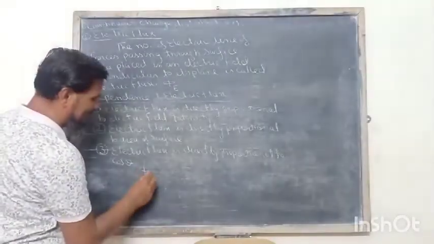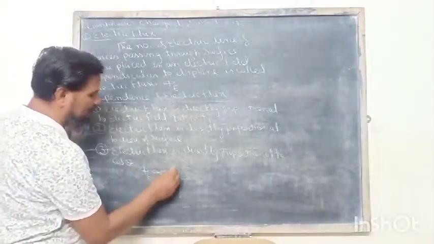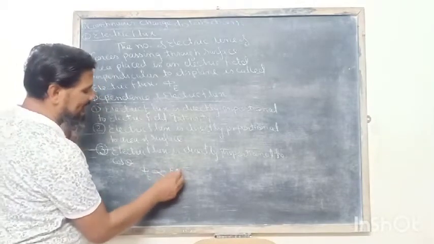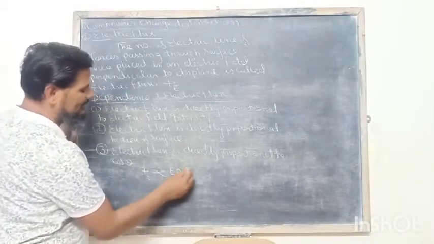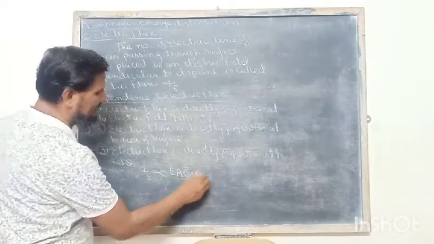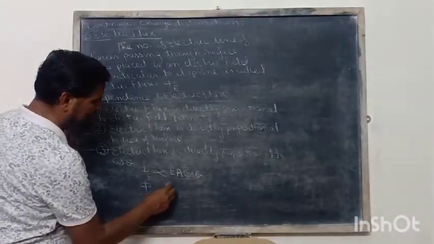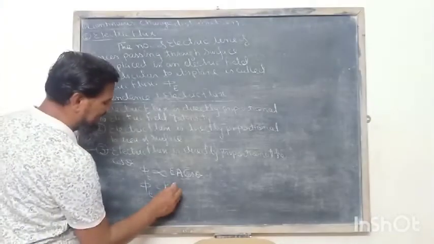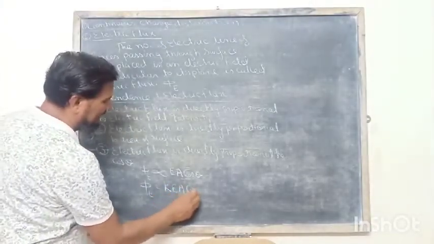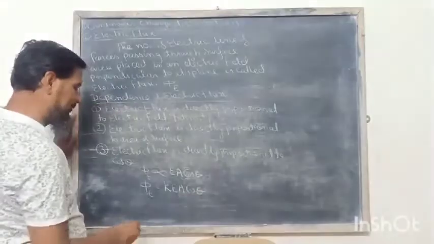So phi E is directly proportional to electric field intensity, area of surface, and cosine of the angle between them. Or phi E is equal to K, a constant, E A cos theta.